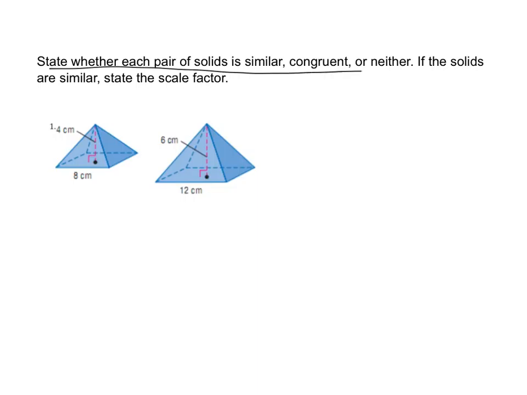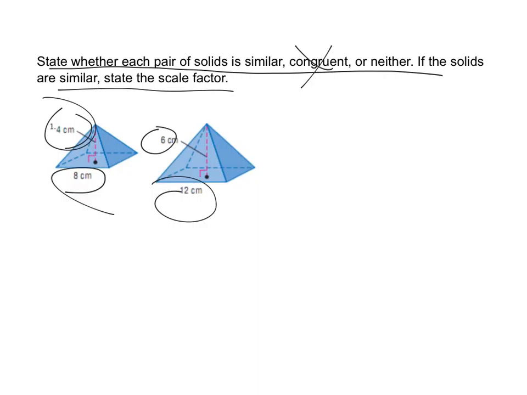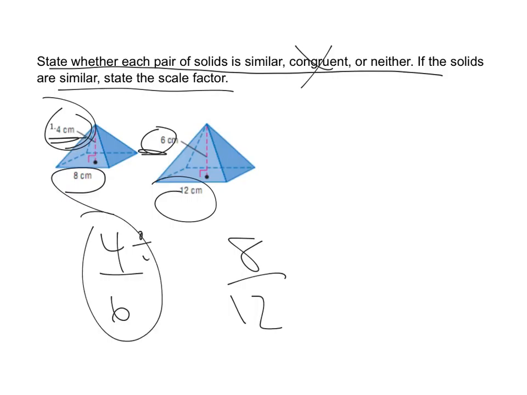State whether these are similar, congruent, or neither. If they're similar, state the scale factor. So if I take a look, 4 and 6 are not equal, so that eliminates congruent. 8 and 12 are not congruent either, but let's check whether they're in proportion. Is 4 over 6 the same as 8 over 12? If I simplify, divide 4 and 6 by 2, and divide 8 and 12 by 4, that becomes 2/3.